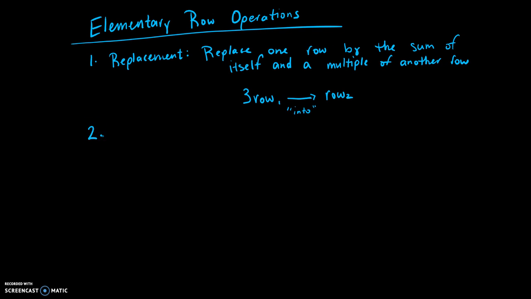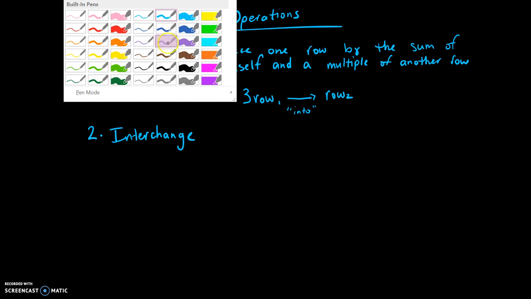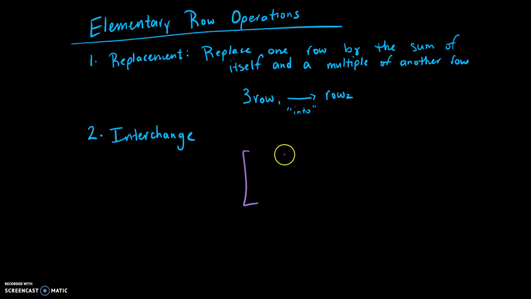Now our second elementary row operation is interchange. And we didn't get to this one in the last video, but all this really means is you're just swapping the place of 2 rows. So say we have our matrix. Move this over here just a little bit, give myself some space. Say we have 1, 3, 7, 2, 4, 2, and 8, 9, 1. And we want to interchange.